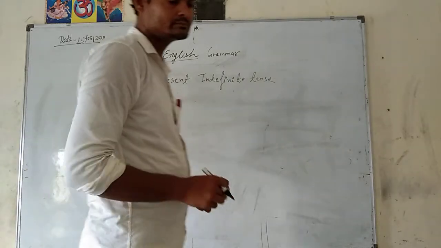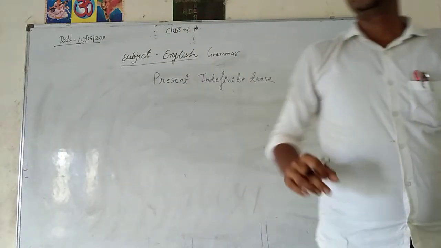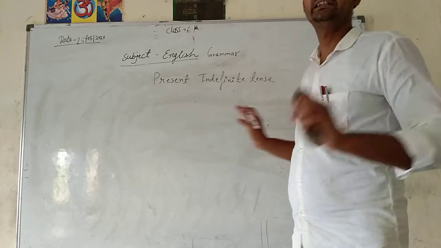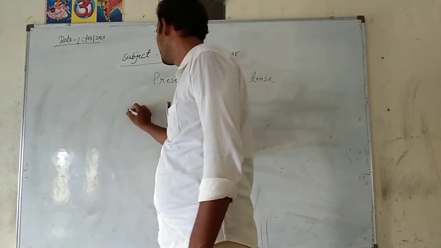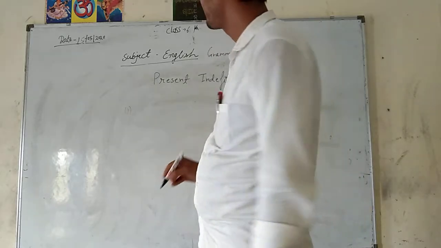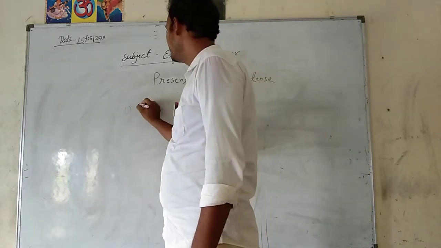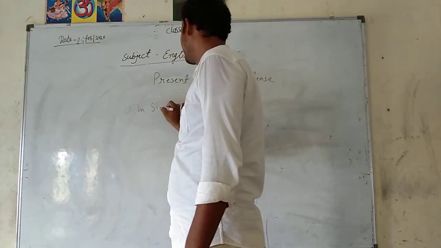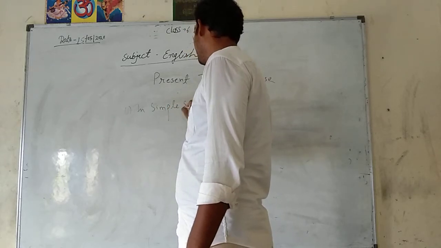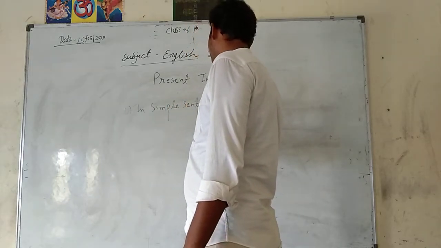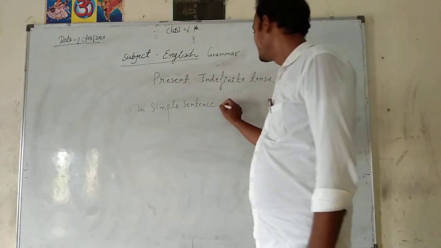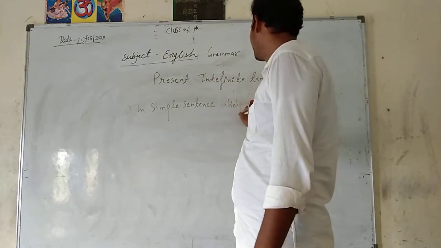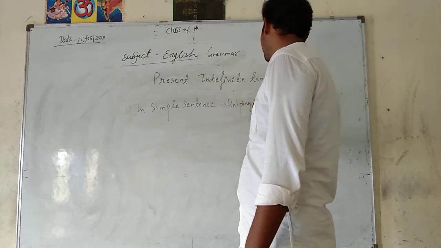Okay, so now we have to discuss the rules of present indefinite tense. First rule: in a simple sentence of present indefinite, the helping verb will not be used.